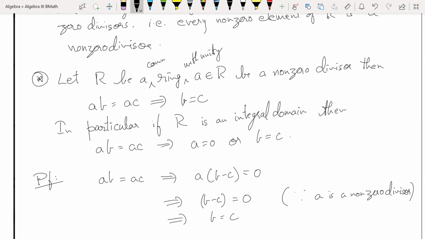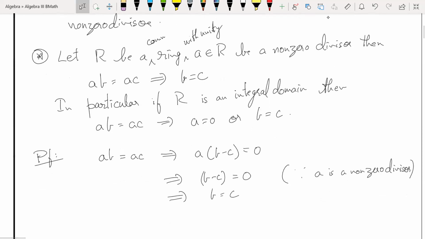Of course this holds for units: if A was a unit, you just left multiply by A inverse on both sides. But this is also true for non-zero divisors.